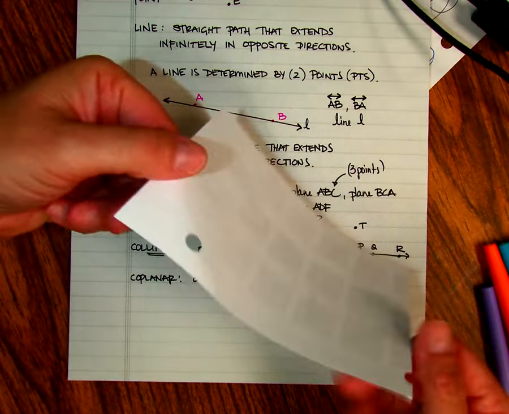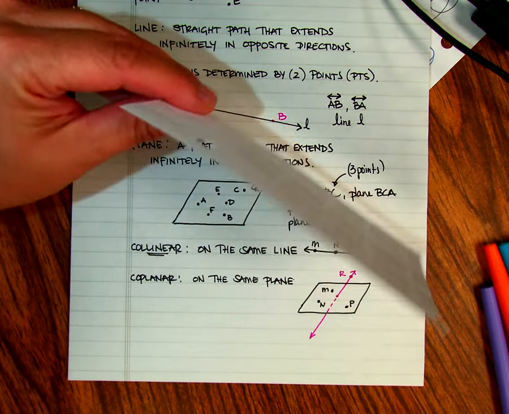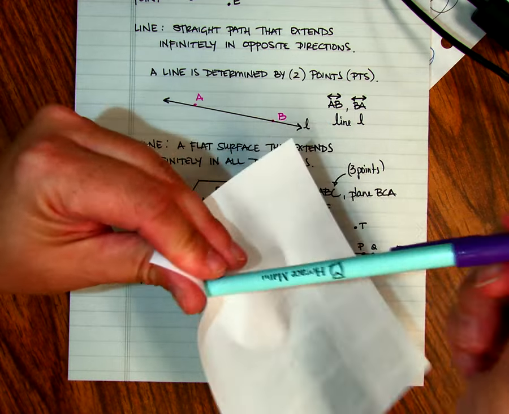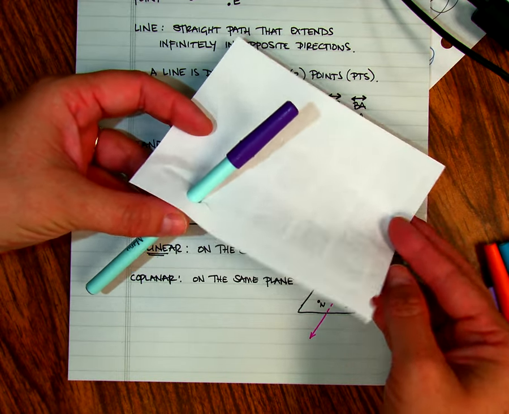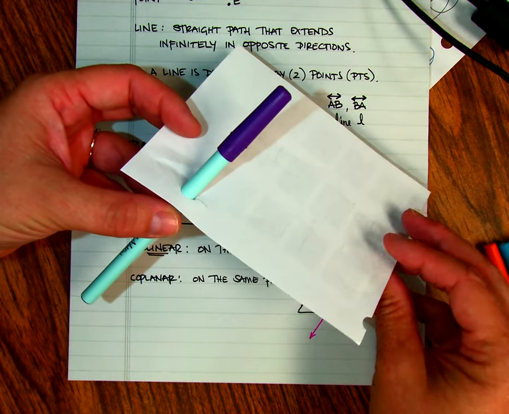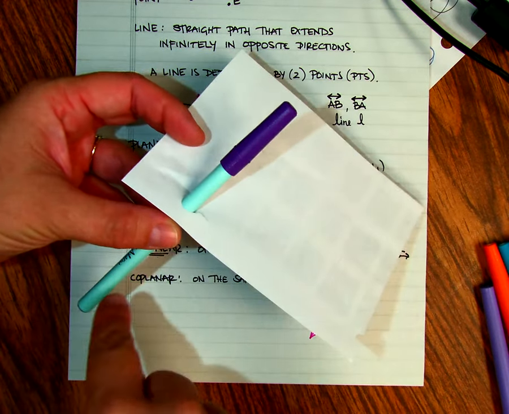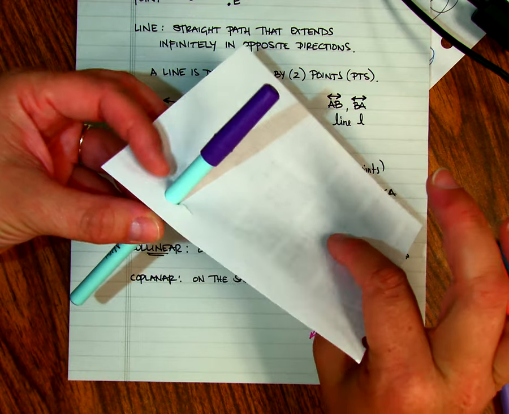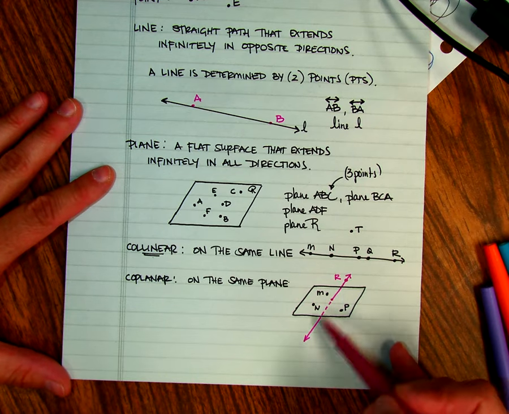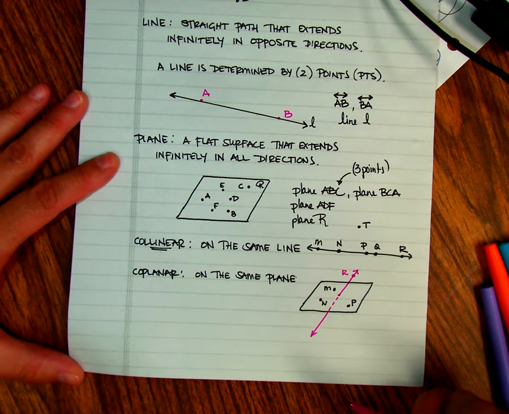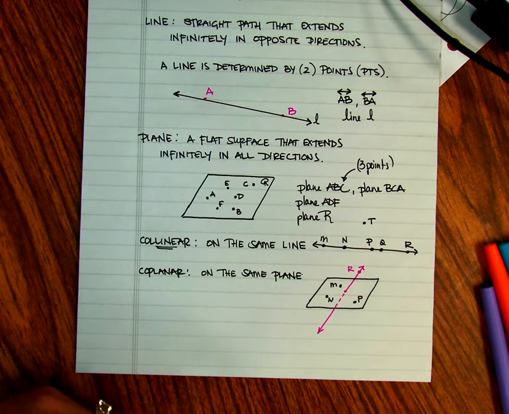So if we have the plane of this piece of paper, and I have a line going through it, this point is on this line, but it is not in the plane of the paper. And that's what you should be visualizing here. Part of the challenge with geometry is the visualization of 2D and 3D. Okay? So that concludes the first part of definitions.